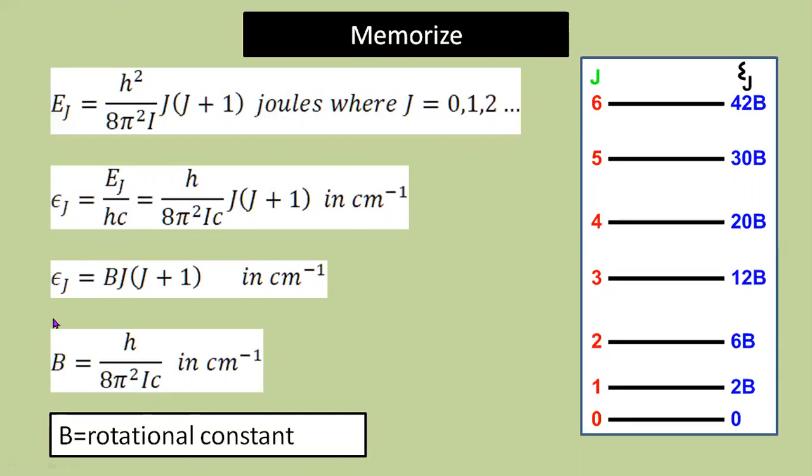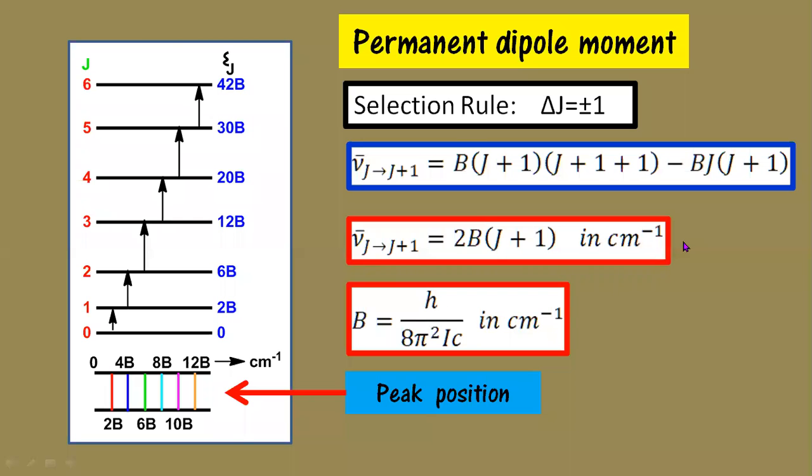Okay, let us now see the most important thing. That means where I'm allowing my system to interact with the light. Okay, so this is the heart of spectroscopy. I know the energy levels. Now I'm applying some electromagnetic radiation to my molecules, and the molecules will absorb some of the energy and they will go to the excited state.